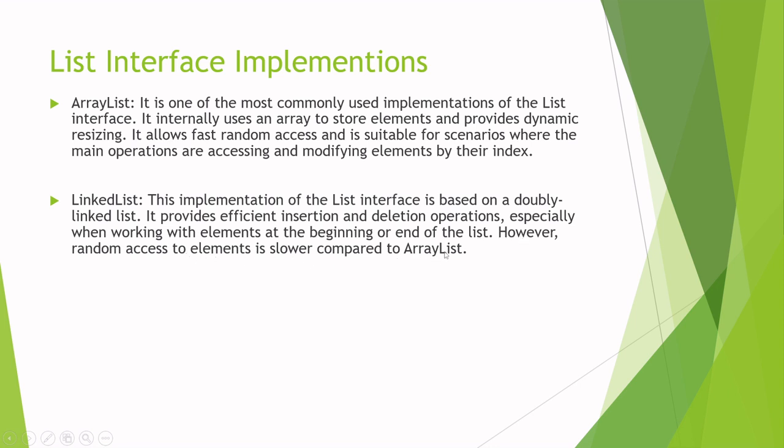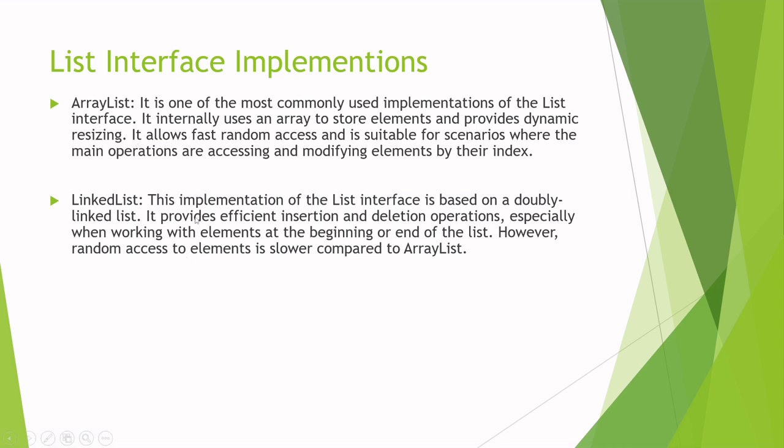If you require random access, you can choose ArrayList because it is faster than LinkedList. In ArrayList the main operations are accessing and modifying elements by their index. If you need to modify and access the data, you can go for ArrayList rather than LinkedList. And these are the two.